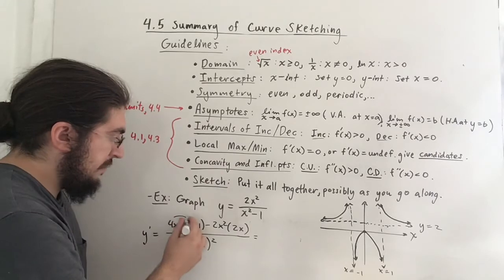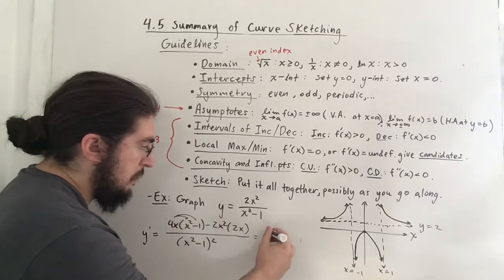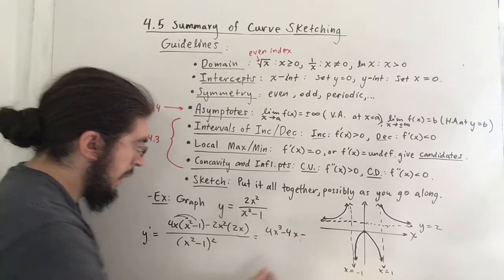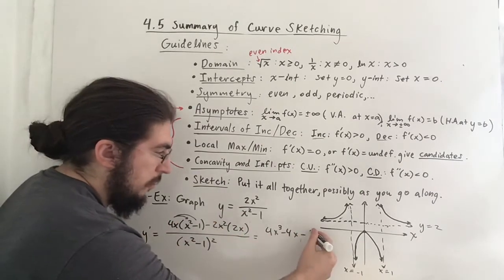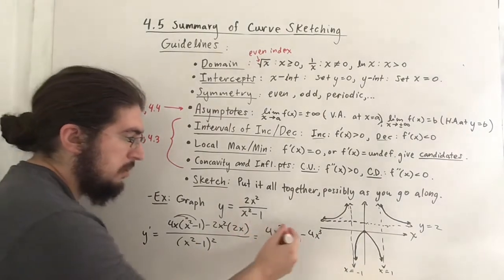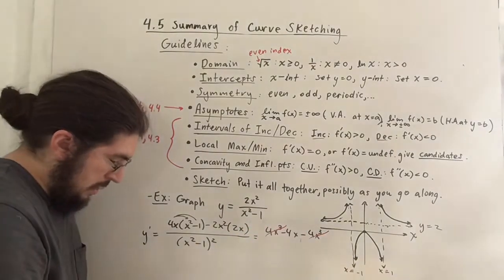And notice what you end up getting after distributing is 4x cubed minus 4x minus, this is also 4x cubed. So notice in this case the 4x cubes cancel, so you get negative 4x over this denominator squared.